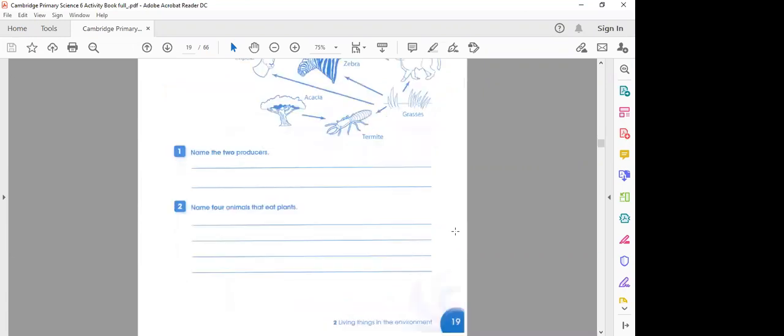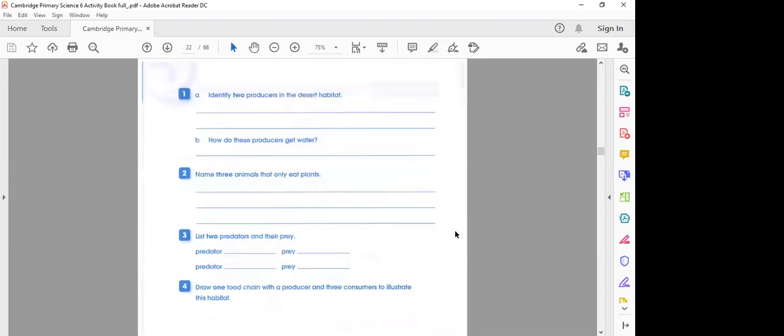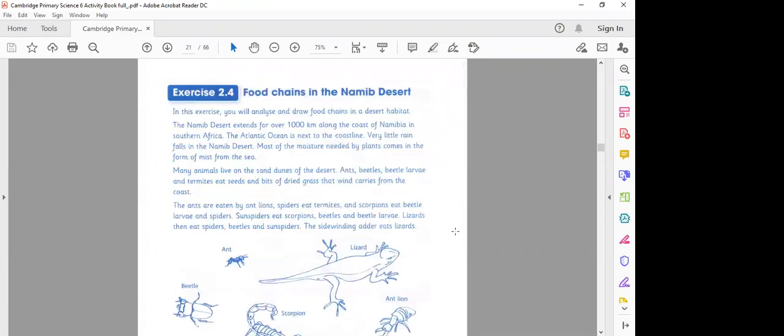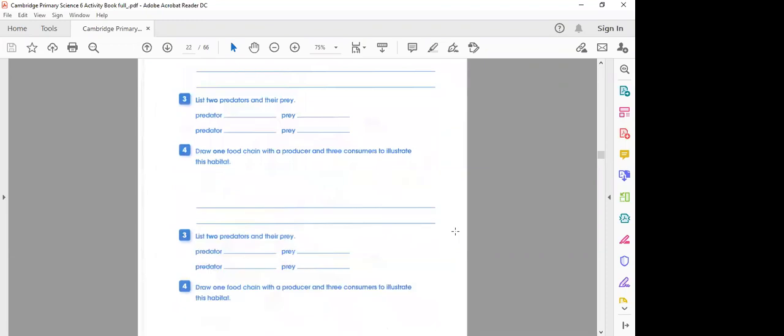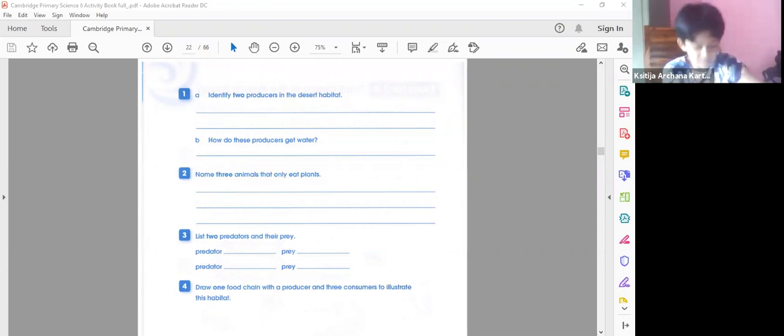These are very simple questions, no? Kshitija, 1B. This is exercise 2.4. The grasses are dry, so they don't need water.